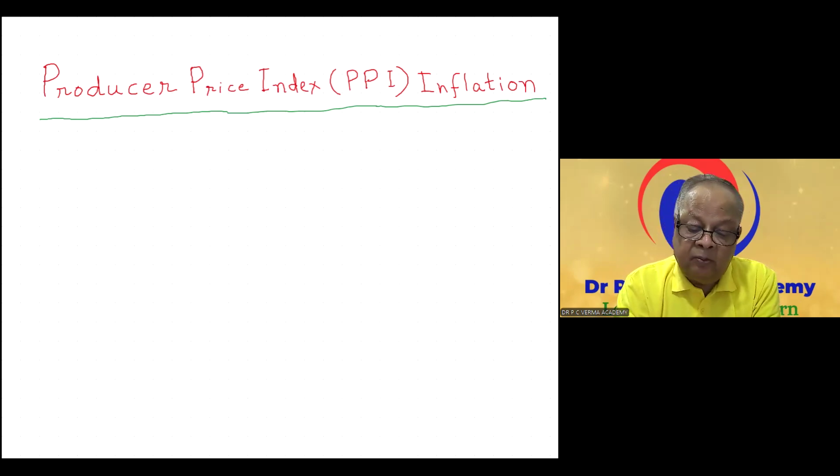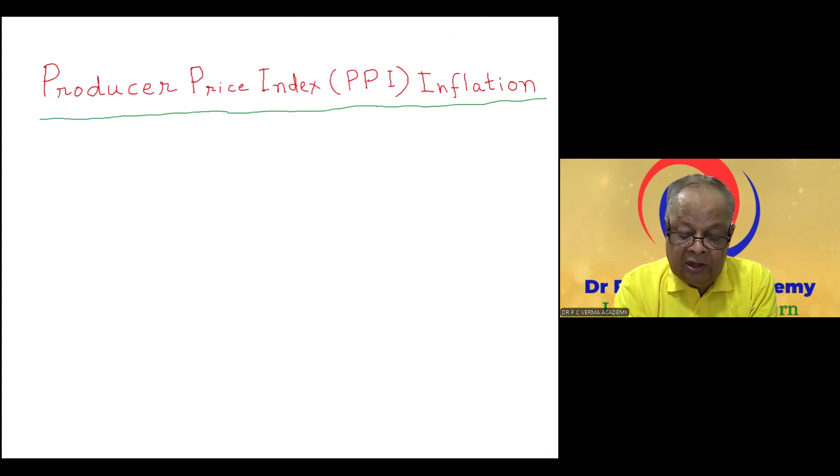So PPI, Producer Price Index, is a measure of inflation at the wholesale price level that is compiled by thousands of indexes measuring producers' prices by industry and product category. This is in the United States of America. What is in India?